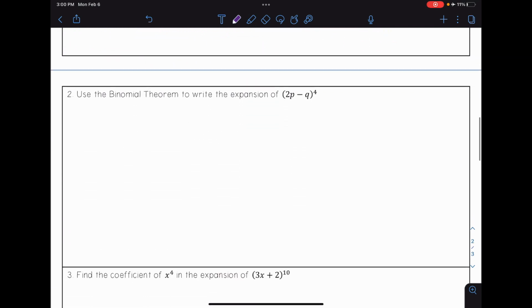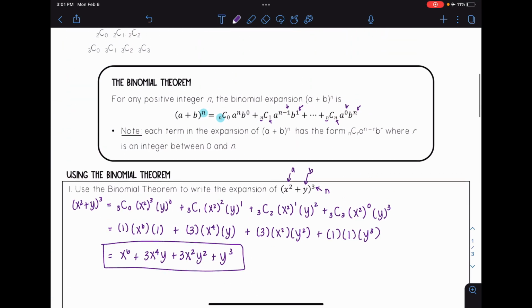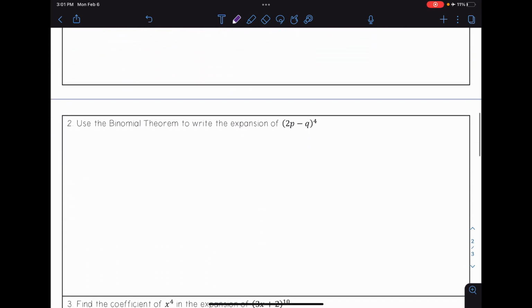Okay, let's look at one more. So here I'm going to use the binomial theorem again to write the expansion of 2p minus q to the 4th power. So something to note here in our theorem, we have a plus b. Here I have a minus sign, so that means that my a is still going to be 2p, but my b is now going to be negative q that I'm plugging in.